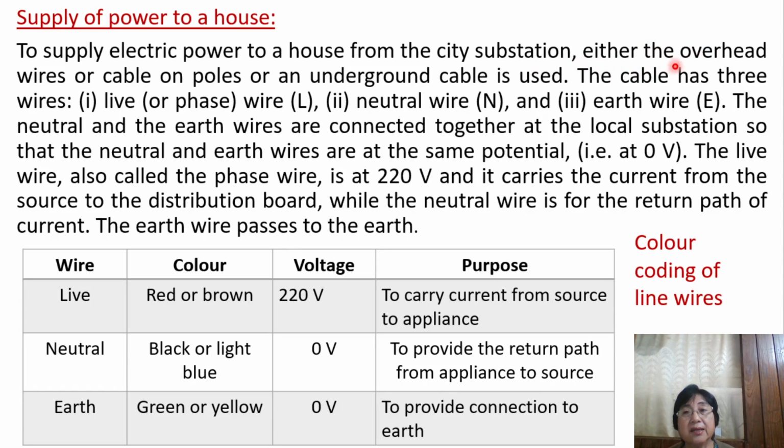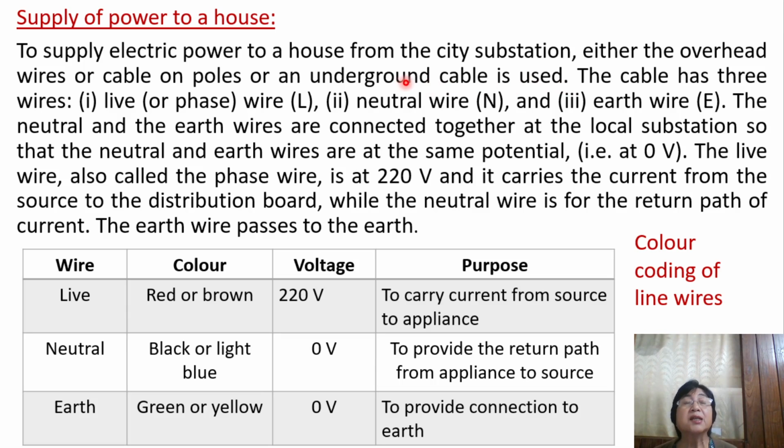In some cities or towns, they have overhead wires like what we have, or some may have cables on poles, or some cities may have an underground cable instead of overhead wires. They have the wires underground, so we call it an underground cable, and from there they will take the connections.